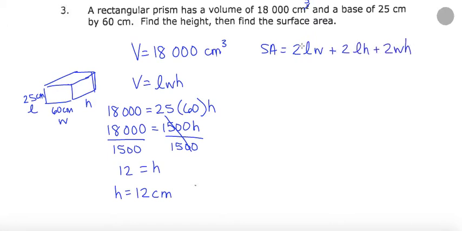And again, it doesn't matter if they're in a different order from the formula, as long as you have each set of variables. So length times height, and width times height. So I'm going to use 25 for my length again, 60 as my width. My height I calculated out as 12.